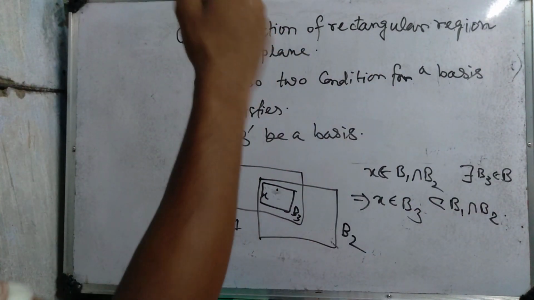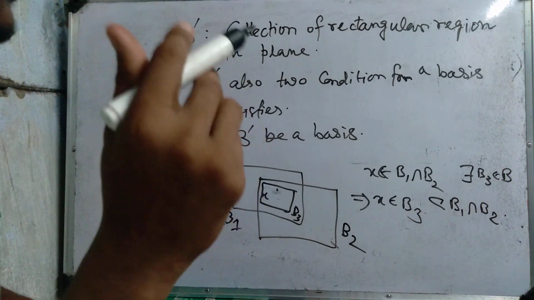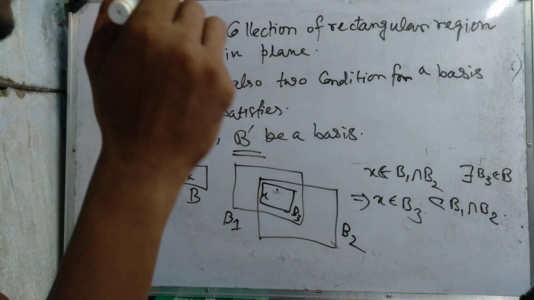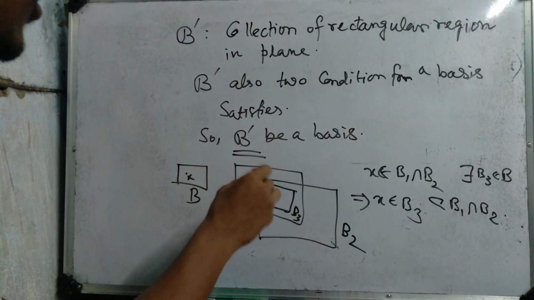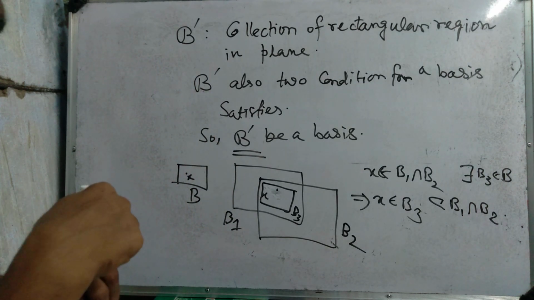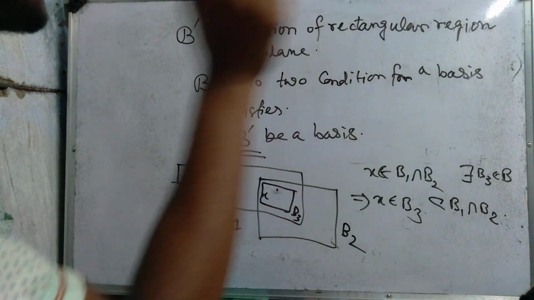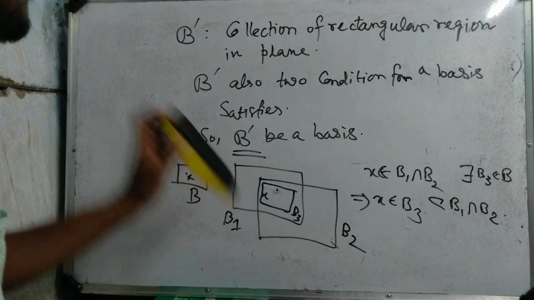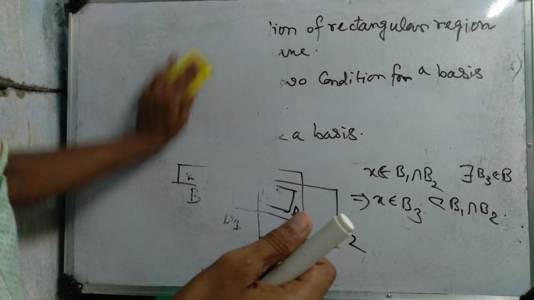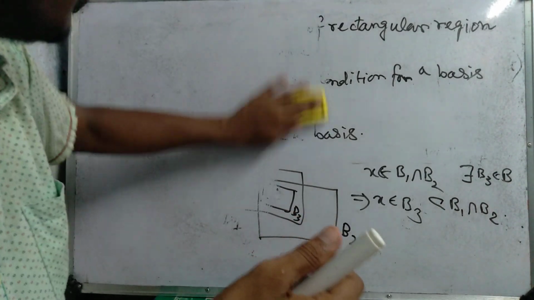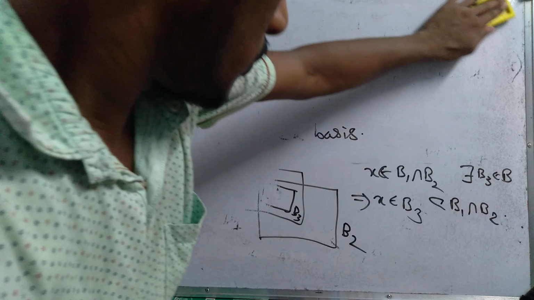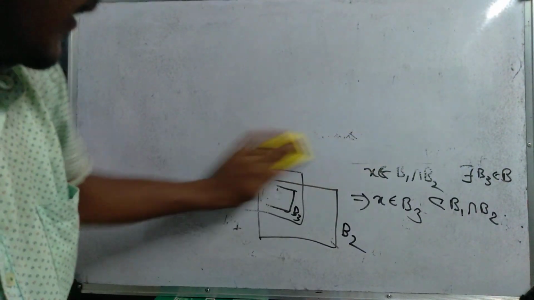So B dash satisfies both properties of a basis. So script B dash, the collection of all rectangular regions in the plane, forms a basis.